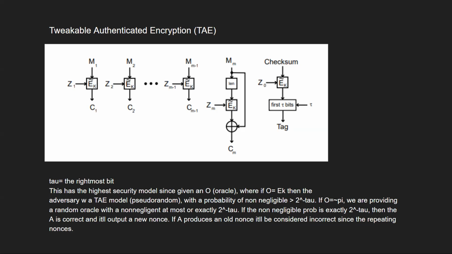If O is equal to negative pi, we are providing a random oracle with a negligible probability of at most, or exactly, 2 to the negative tau. If A produces an old nonce, it will be considered incorrect since the nonces will be repeating.